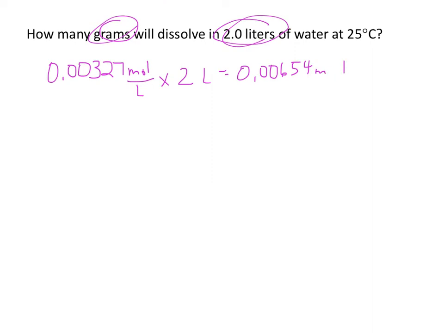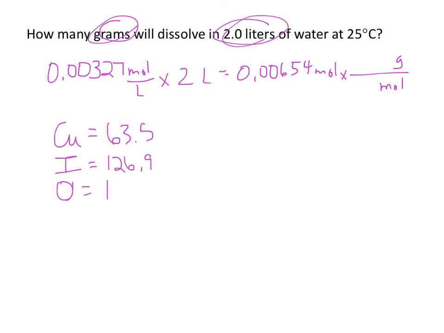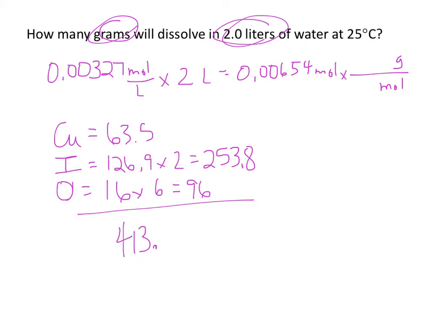But I don't really want moles in 2 liters, I want grams in 2 liters. So I'm going to factor label moles to grams. This is, again, CuIO3 twice: 63.5 for a copper, 126.9 for an iodine, 16 for an oxygen, 2 iodines, 6 oxygens, and that's a grand total of 413.3.